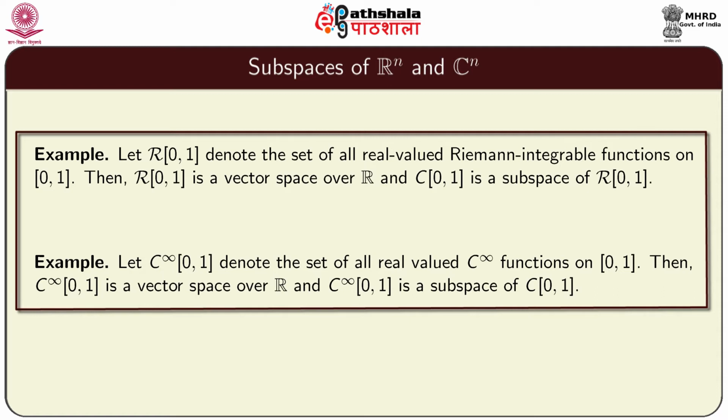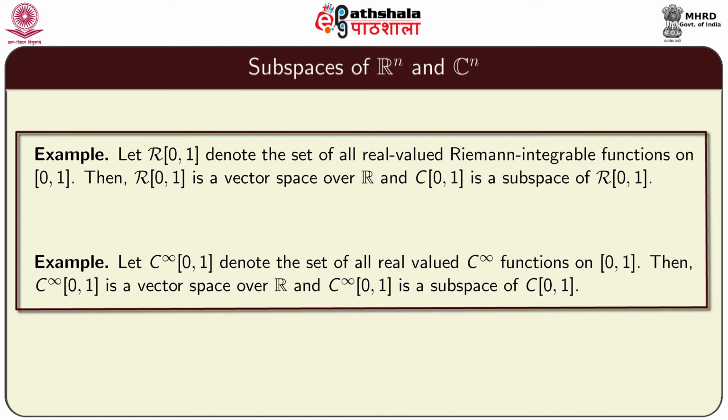Again, with respect to pointwise addition and scalar multiplication of functions, C infinity [0,1] is a vector space over R, and we know that every differentiable function is continuous. Therefore, C infinity [0,1] is a subset of C[0,1], and again the operations being nothing but the pointwise addition and scalar multiplication of functions, C infinity [0,1] is in fact a subspace of C[0,1].